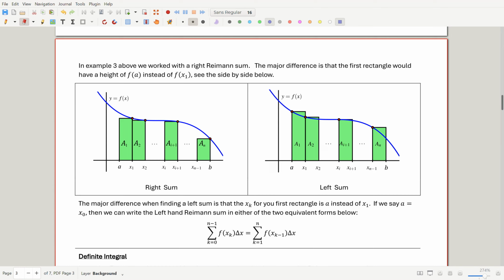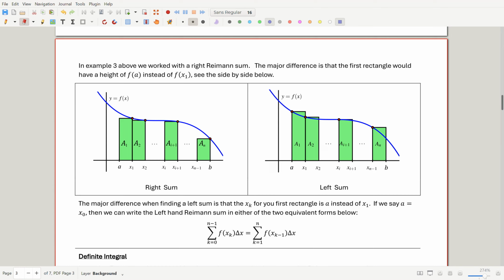So one way to solve that is by not starting my index at 1, but starting my index at 0. So this one on the left is an example of a left sum, which is not what we did yesterday. The difference is the index value starts at 0. So your first rectangle, a plus delta x k, is a plus delta x times 0.